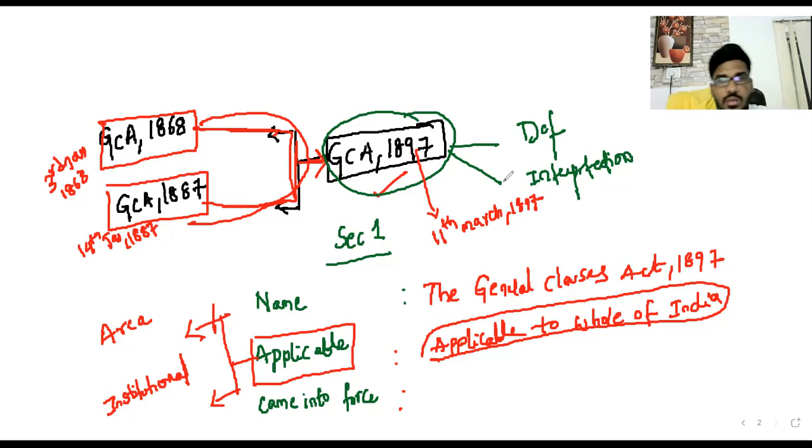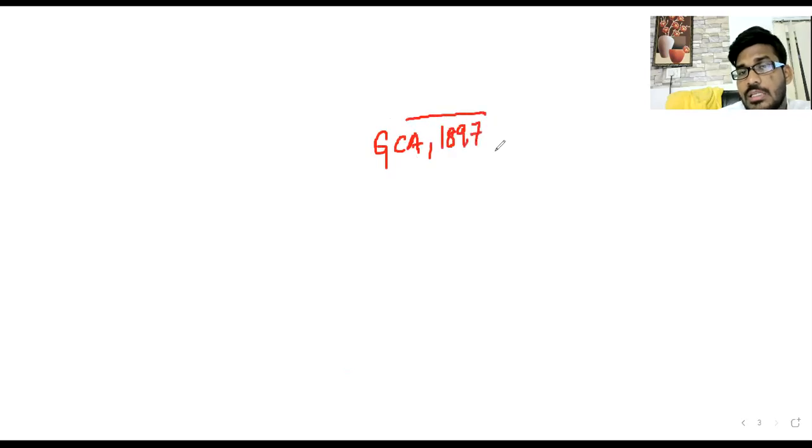Listen carefully. First of all, we have discussed the General Clauses Act 1897 only, which is the combination of the 1868 Act and the 1887 Act.